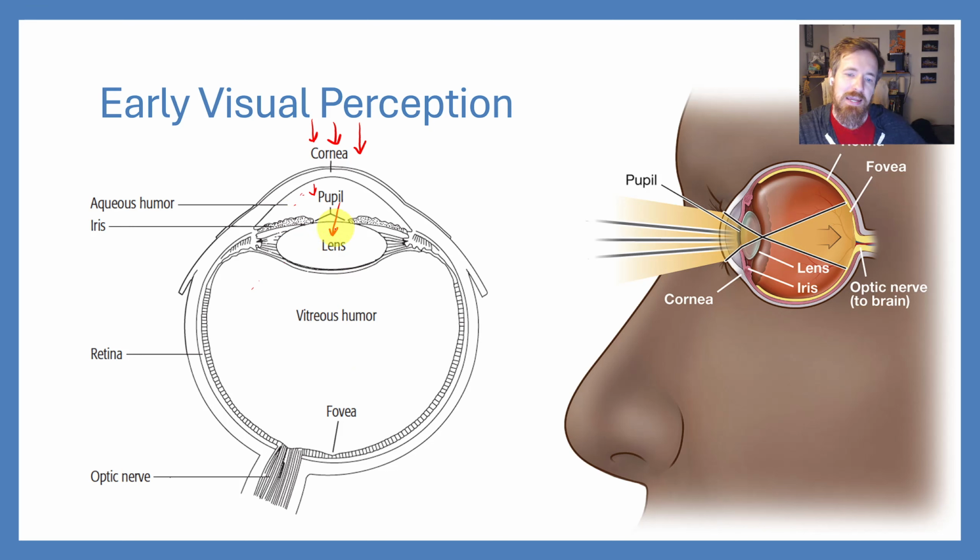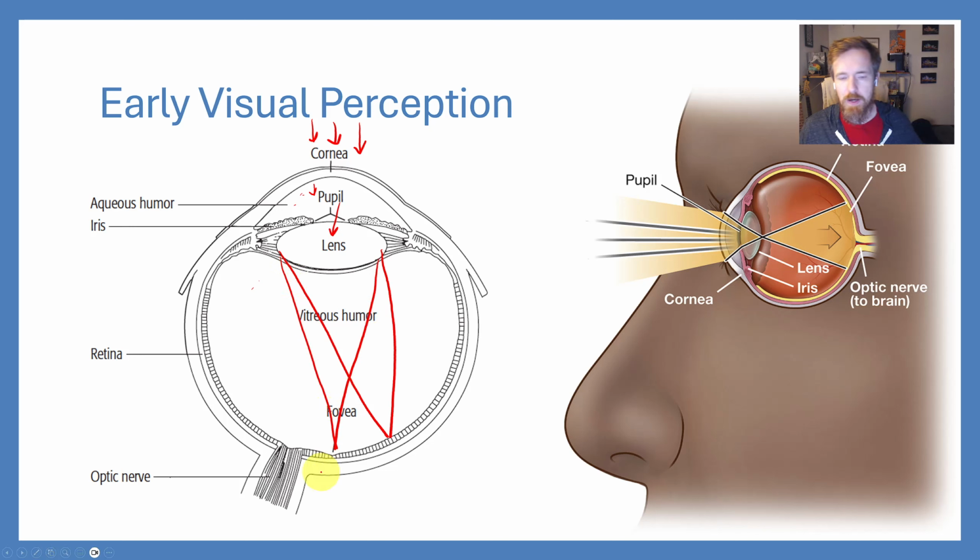From there, light is going to hit your lens, where it refracts. This lens is a clear structure that is going to, quote-unquote, focus the image. So we have light coming in, it hits the lens, and the lens refracts it onto a point, just like a magnifying glass would.